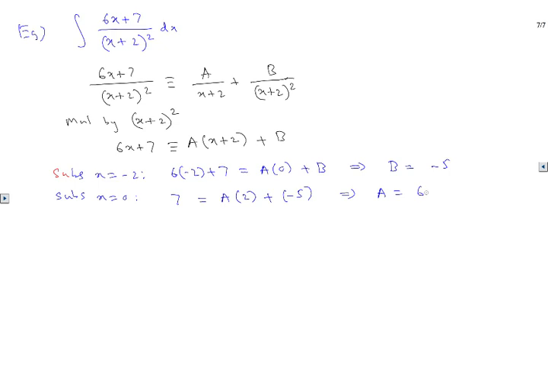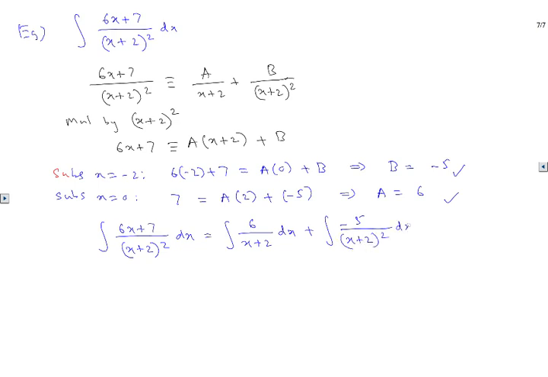Okay, now we have found both. So what we can do is plug them back in. We have the integral of 6x plus 7 over x plus 2 squared dx equals, a is 6, so 6 over x plus 2 dx plus -5 over x plus 2 squared dx.